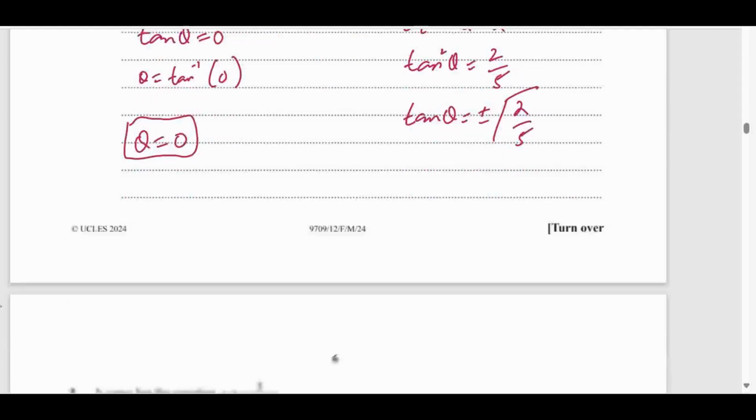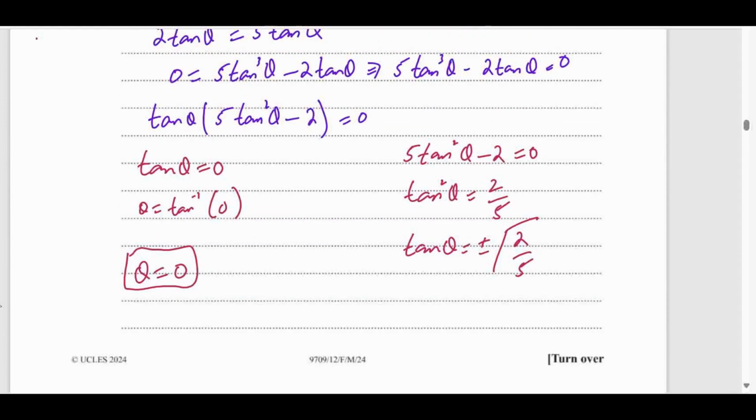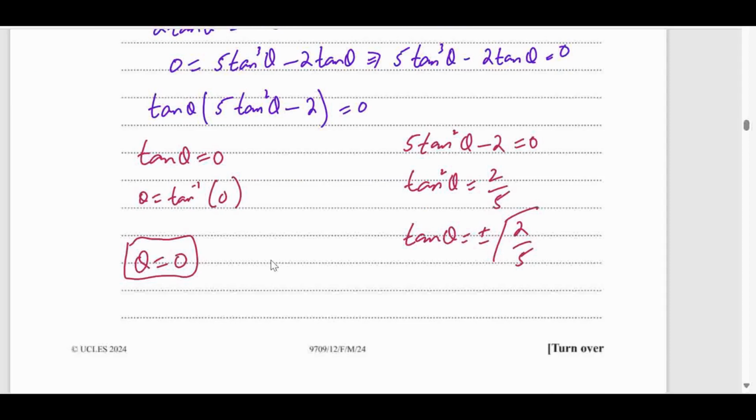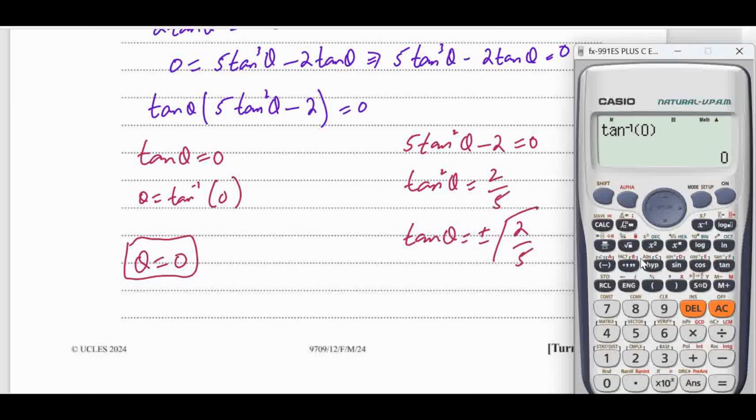Now what about the other one? For the other one, we need to find out the reference angle first. So the reference angle will be shift tan inverse of square root of 2 by 5.